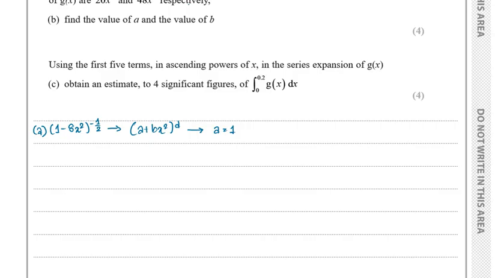So when our expression is in the form of (a plus bx squared) to the power d, and when a is equal to 1, we expand it in this format, so it will be 1 plus d multiplied by bx plus d multiplied by (d minus 1) divided by 2 multiplied by 1. Sorry, this will be bx squared.